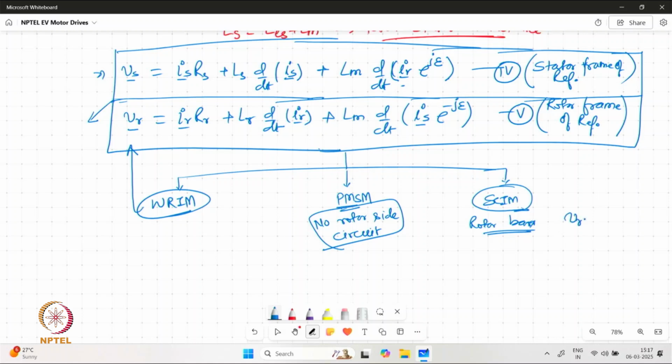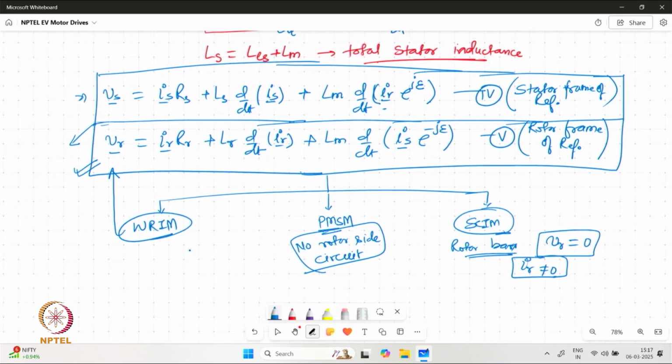Which means that we are not having any voltage on the rotor side. It is shorted from both the ends, so we don't have the possibility of any voltage, which means VR is 0. However, the current is flowing in the rotor circuit, so the current is non-zero. In that case, again the rotor side equation is going to be modified.